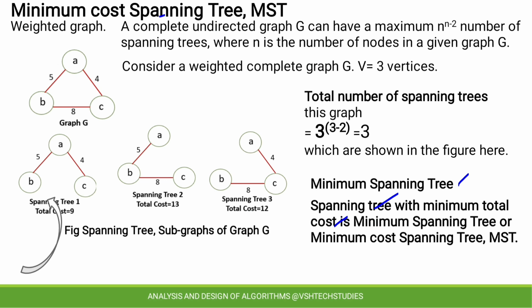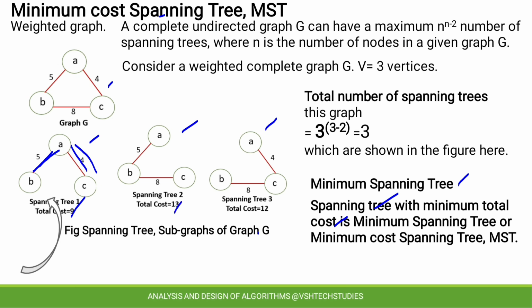Okay. So here, out of these three spanning trees or subgraphs possible for this given graph, the total cost here is 5 plus 4. So to construct this road, 5 crores, plus this road, 4 crores, totally 9 crores is needed. So the total cost of this spanning tree is 9.